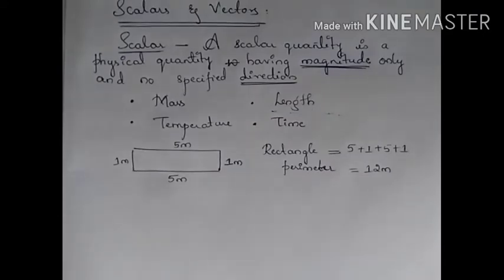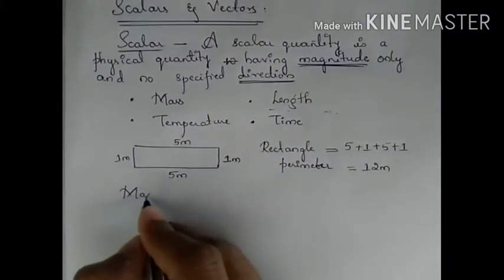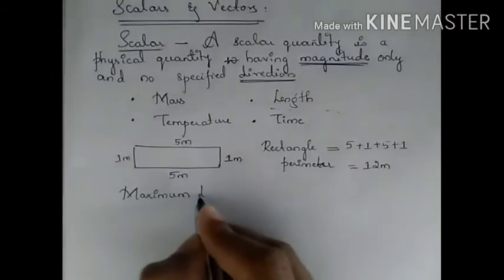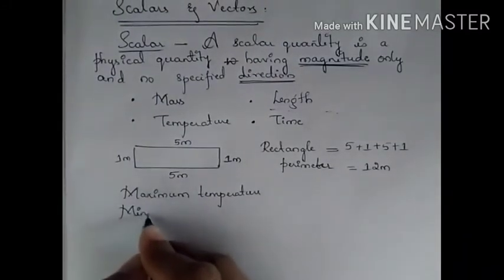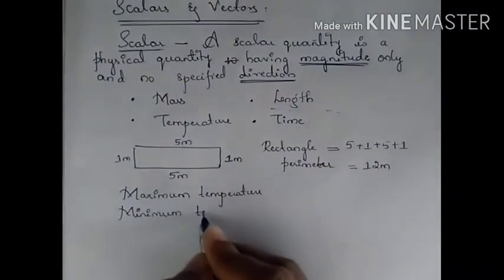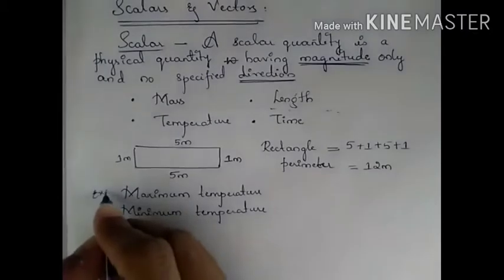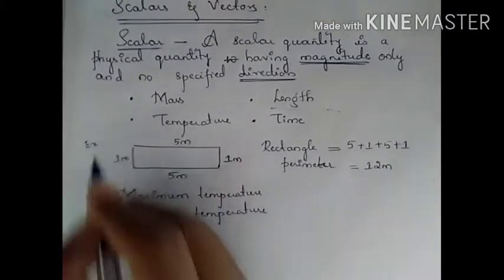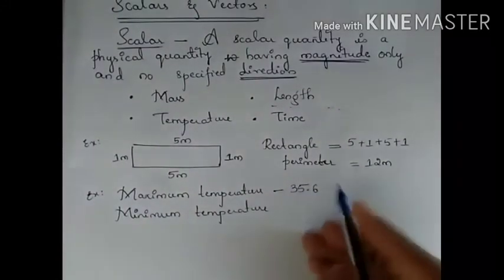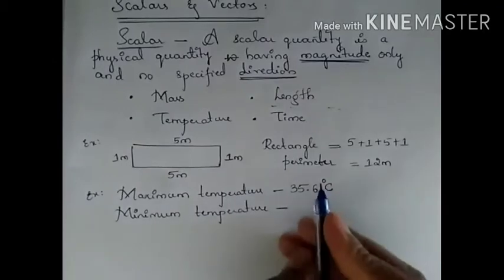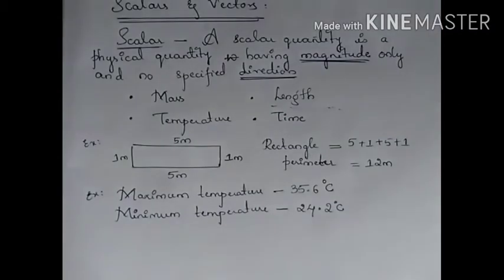The next example is the maximum and minimum temperature of a particular day. The maximum temperature would be somewhere around 35.6 degrees Celsius and the minimum temperature is around 24.2 degrees Celsius.